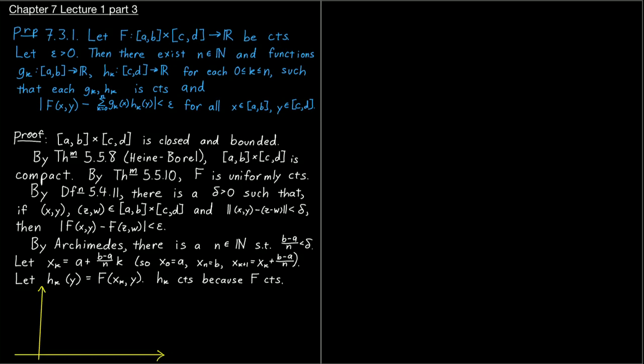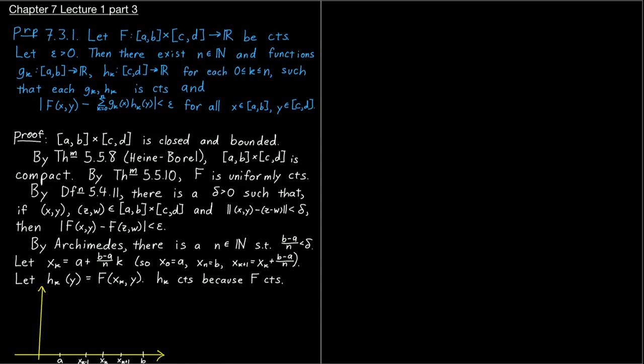Here is our point a. Over here is our point b. Then somewhere in the middle, we've got x_k, x_{k+1}, and x_{k-1}. Or possibly x_k is the end point. It's not too hard to deal with that case.